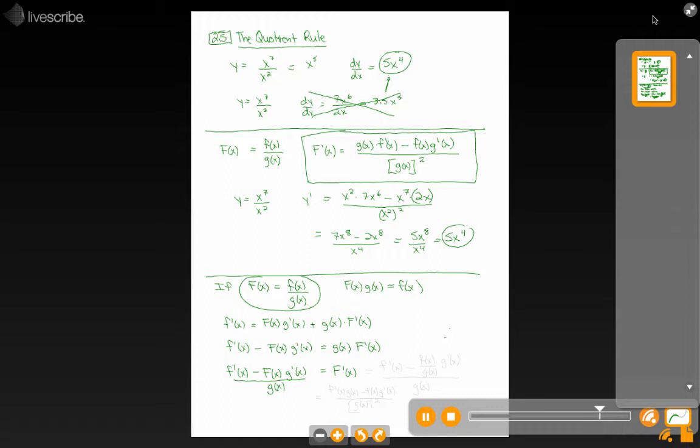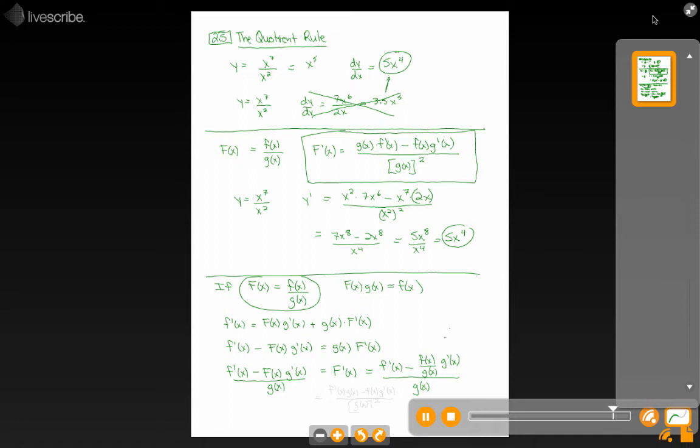It doesn't quite look like the quotient rule as we had it up above, but if you recall the fact that big F of x was little f over g, you can say f prime of x minus f of x over g of x times g prime of x, all that over g of x.